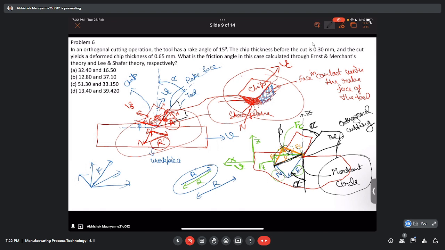And there is another angle which is defined by tan inverse of F by N. So we get another angle that is called lambda.